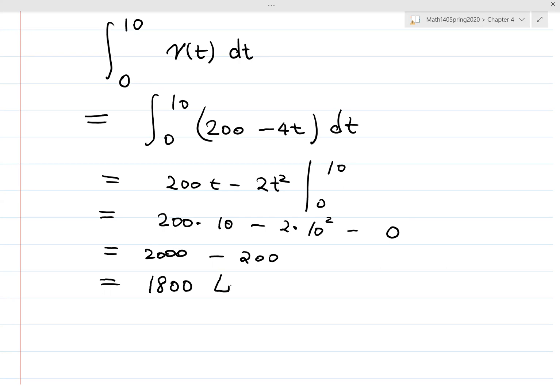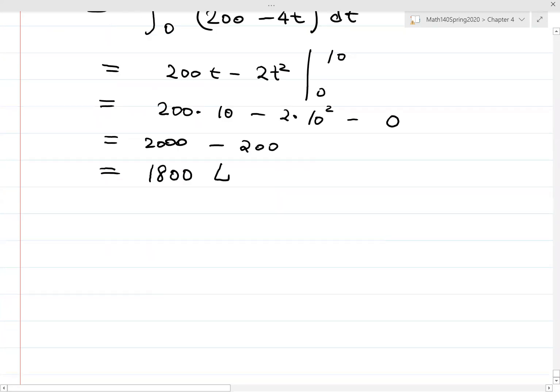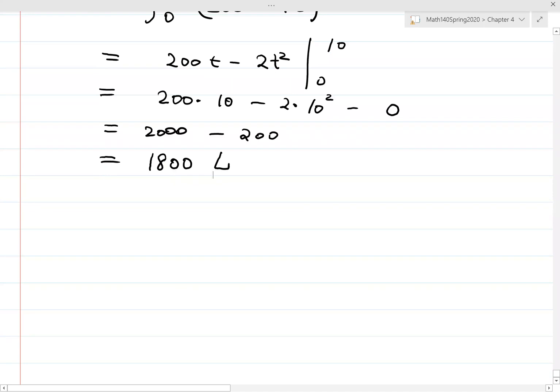Okay, then we are done for this section, the net change theorem. Now let's start the next section, the substitution rule.